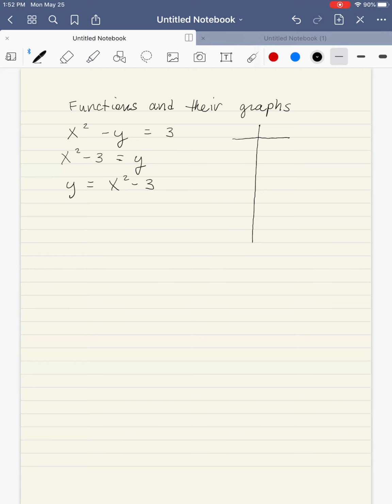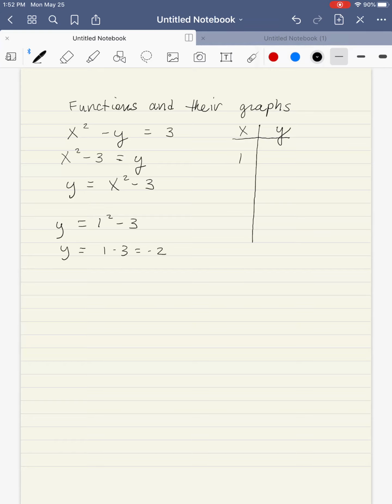This is called a t-table because I can choose values of x and then plug them in and see what y is equal to. So if I let x equal 1, I can plug in and I can see that I have 1 squared minus 3. So y is equal to 1 minus 3, which is negative 2.